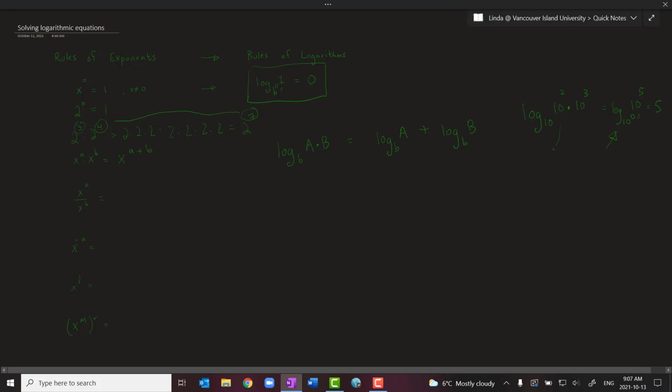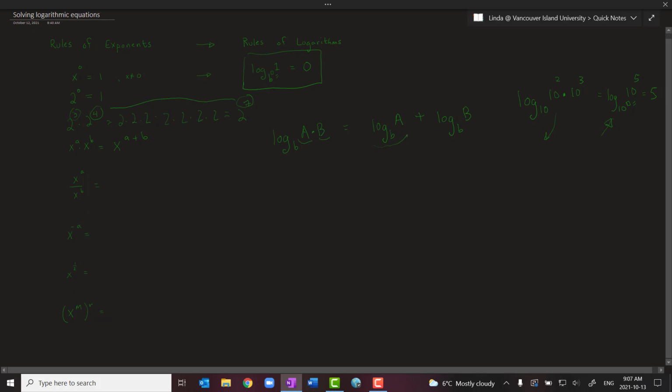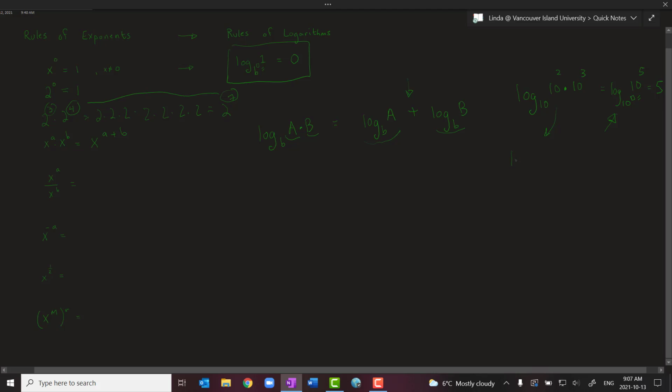Okay, and then let's go this way and apply our rule. So our rule says, hey, if you have a product inside your log, then you can take the log of each factor separately and then add the results together. So here, that would look like log base 10 of 10 squared plus log base 10 of 10 cubed.